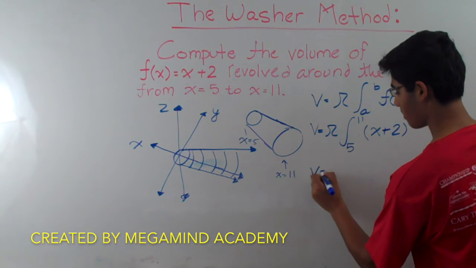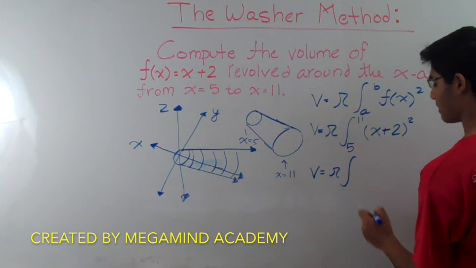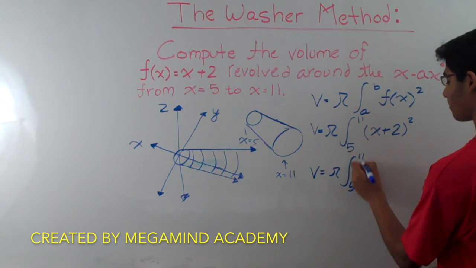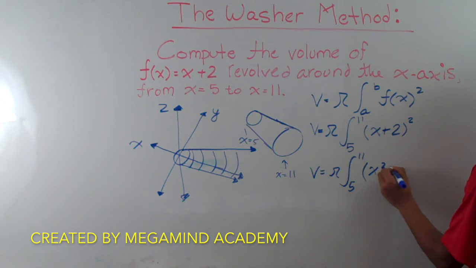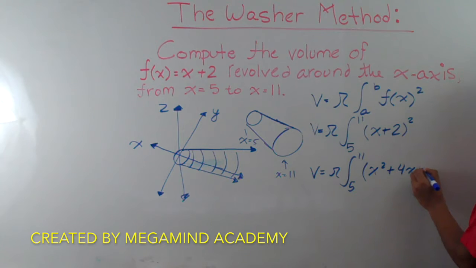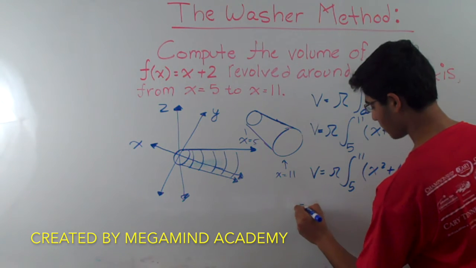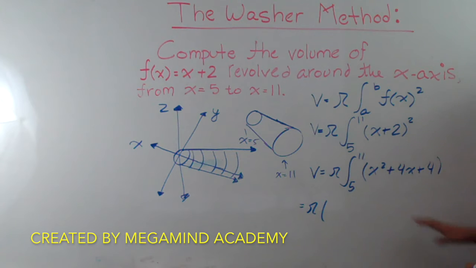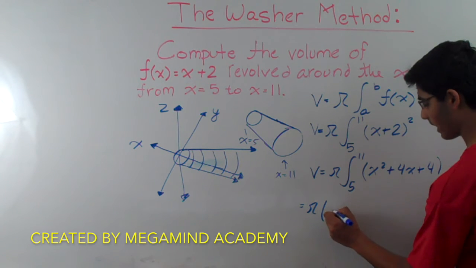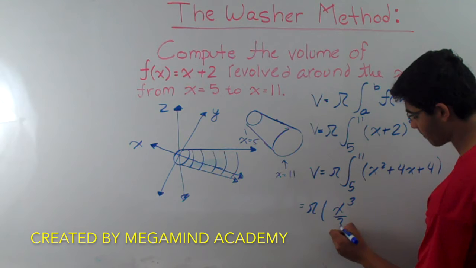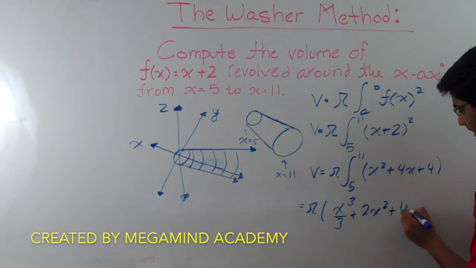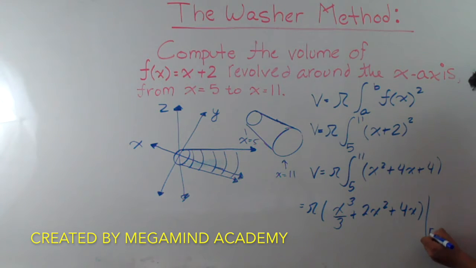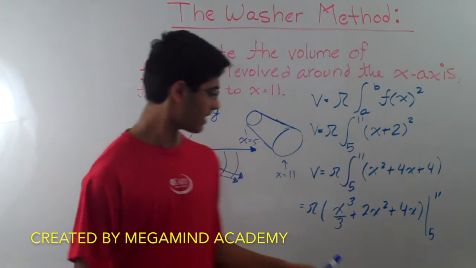This gives us the volume is equal to pi times the integral from 5 to 11 of x squared plus 4x plus 4, which would be equal to pi times x cubed over 3 plus 2x squared plus 4x, from 5 to 11.